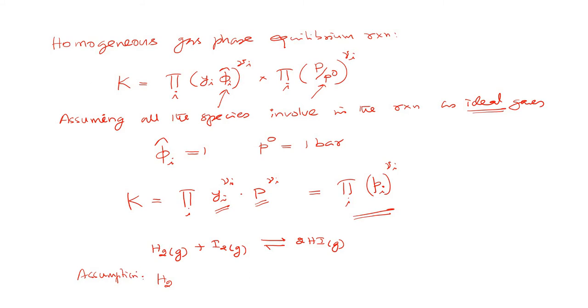I am going to assume that hydrogen, iodine and hydrogen iodide all behave like ideal gases. If an equilibrium reaction is given and they didn't mention whether the gas is ideal or real, then you can assume all the gases as ideal gases. So H2, I2 and HI are all ideal gases here.